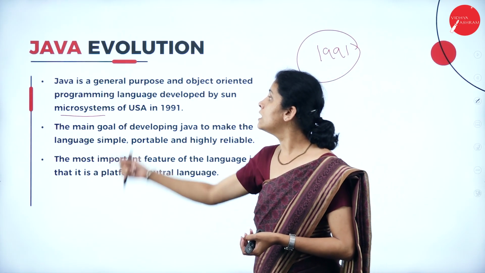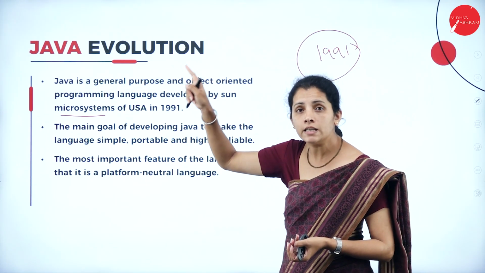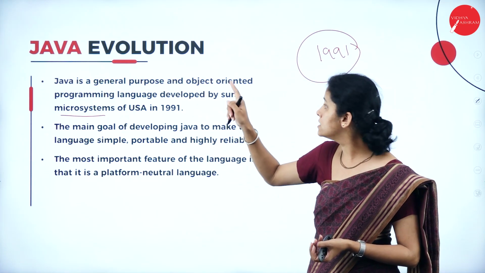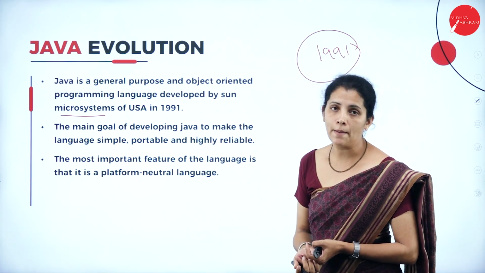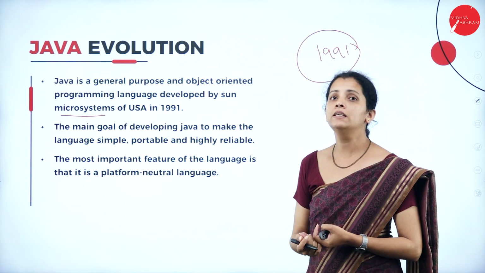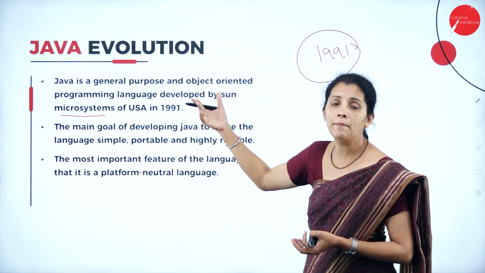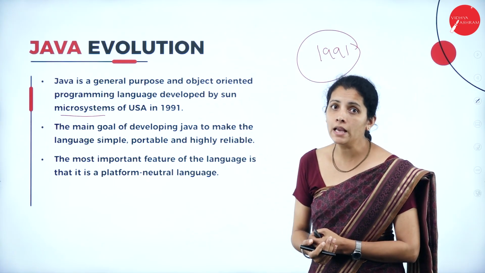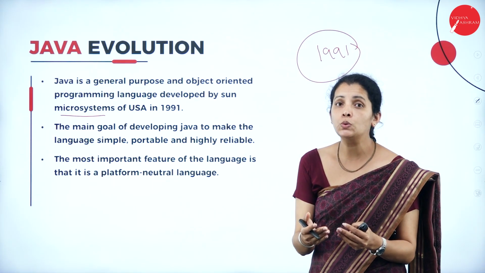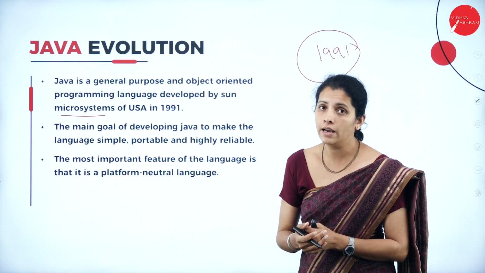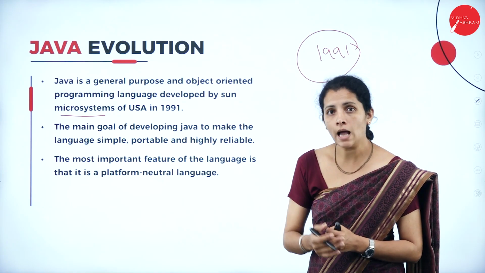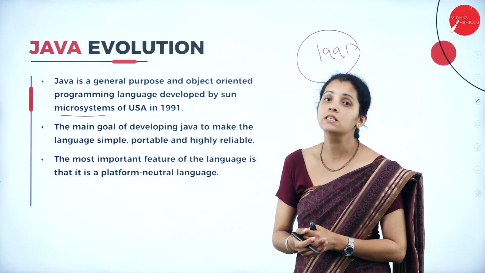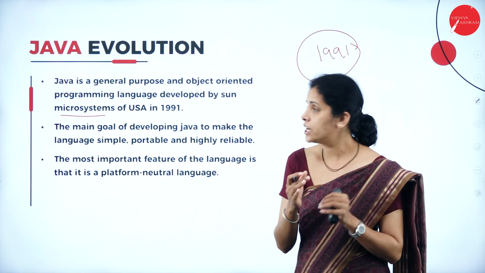So here Java is generally known as a general purpose programming language. That means this Java programming language is mainly used to design and develop general purpose applications as well as special purpose applications.